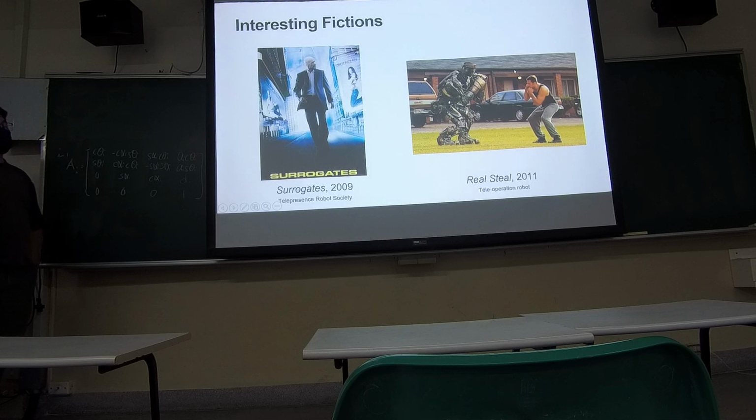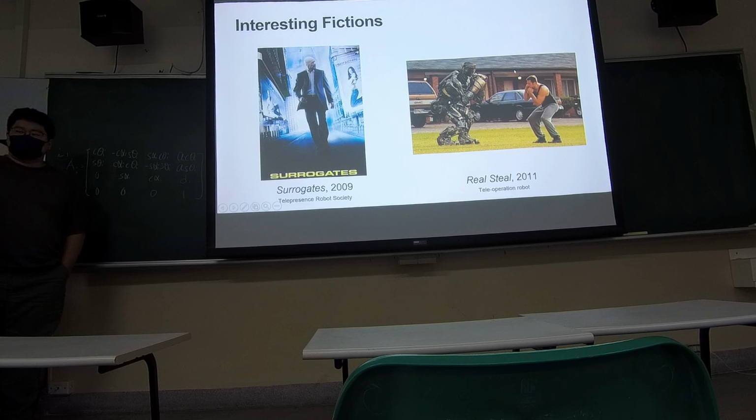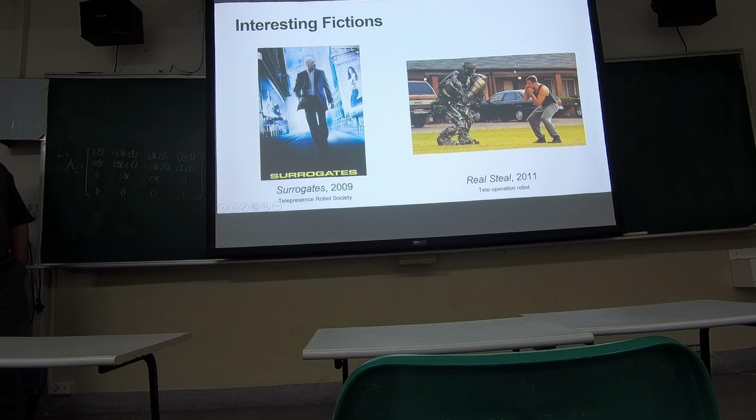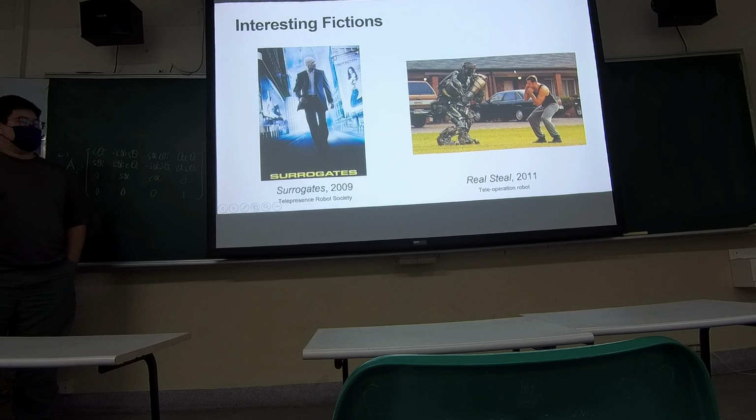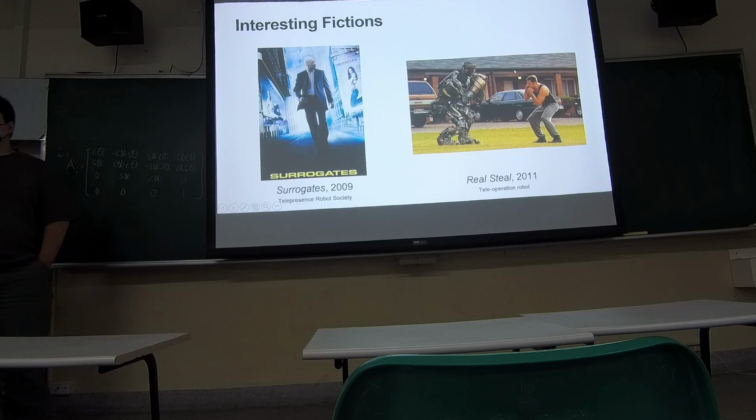Finally, the concept of telepresence robots is explored in movies as well. For example, Surrogates depicts a future in 2035 where humans rely heavily on surrogate systems to perform tasks remotely, allowing them to easily complete high-risk activities.